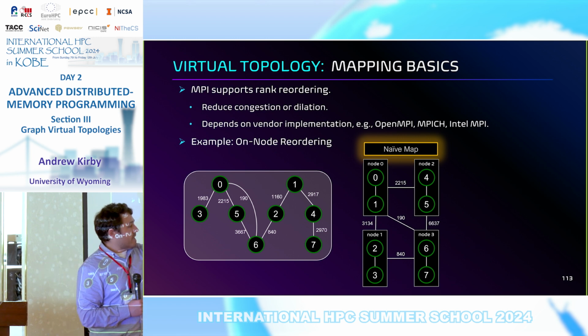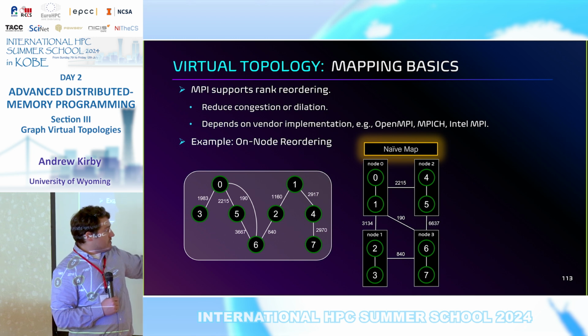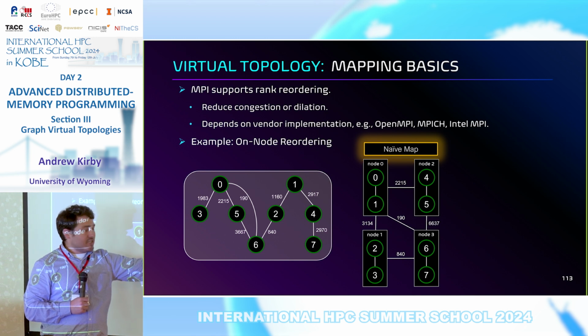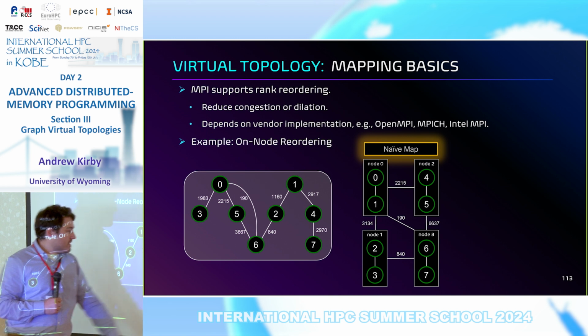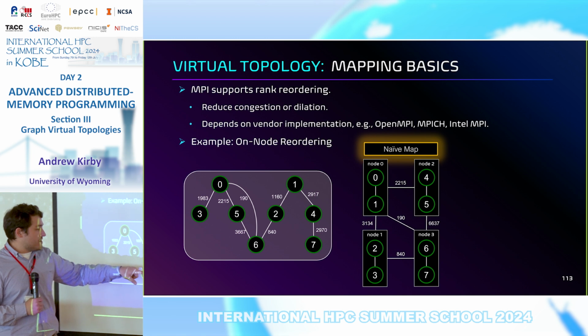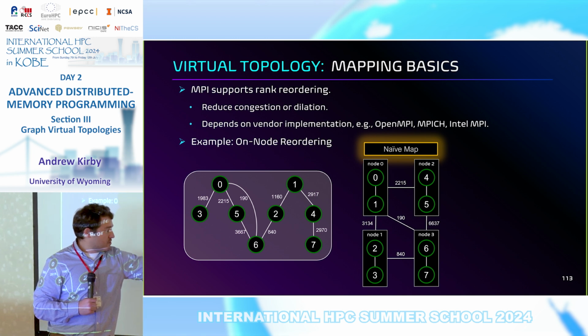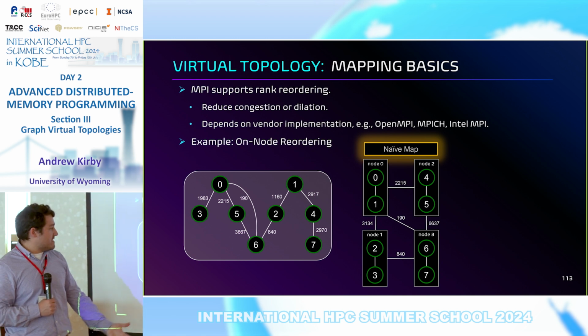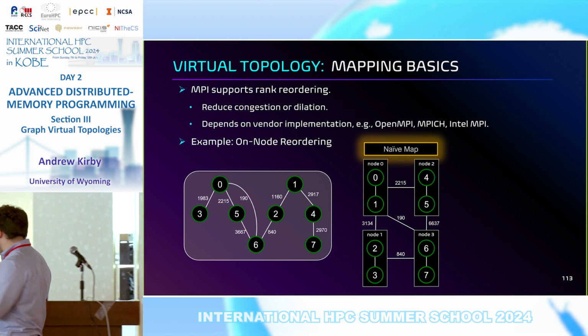But anyways, what's happening is we're seeing a lot of congestion between these nodes. If you carefully look at this graph, you can accumulate the weights between them and get the sum. We have very expensive connections, and we have connections that don't make sense.